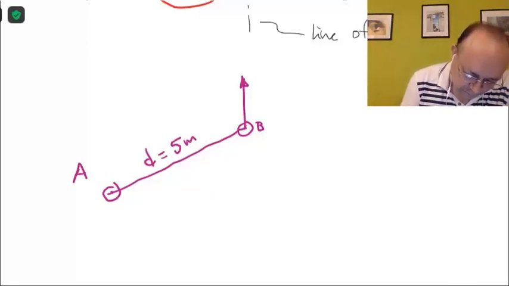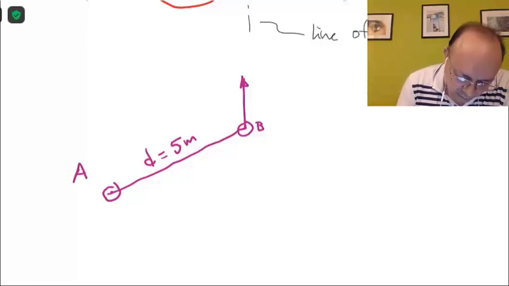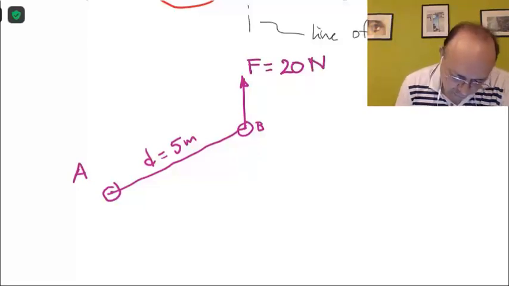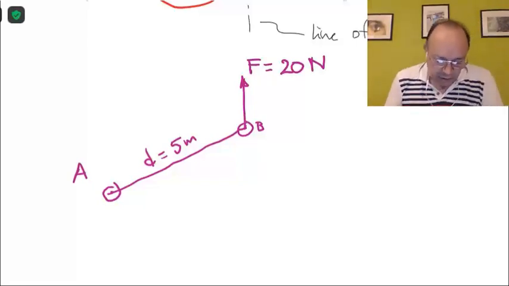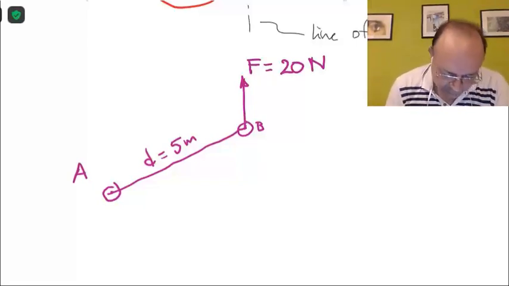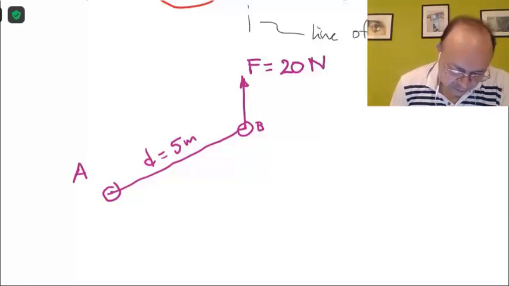And then if we want to calculate the moment of this force, let's say this force is 20 newtons. If we want to calculate the moment of the force with respect to point A, well, we cannot do it because we don't have enough information here.